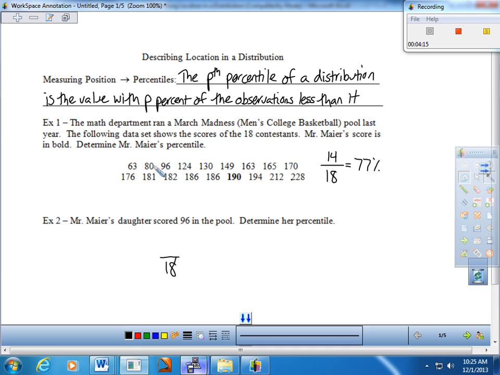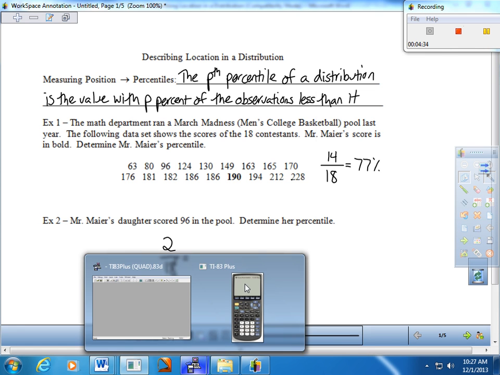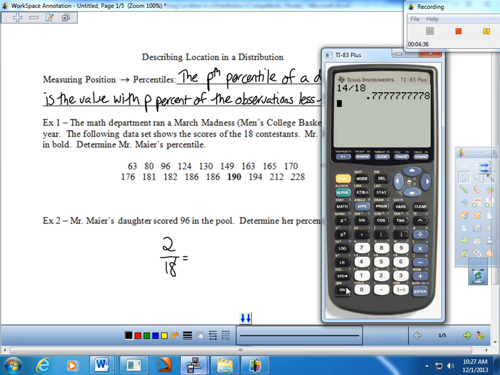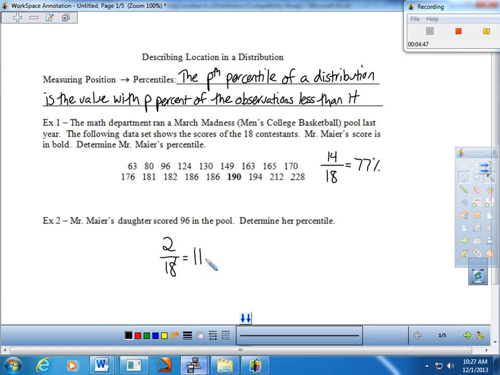She was the 96, and there are only 2 observations less than her. So 2 out of 18. Same deal: we represent it as a decimal then percent. 2 divided by 18, and we get 0.11 and change. So rounding to the nearest percentage, she would be in the 11th percentile. Okay, poor Leah. All right, very good.